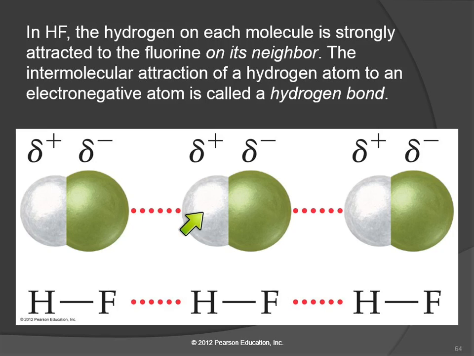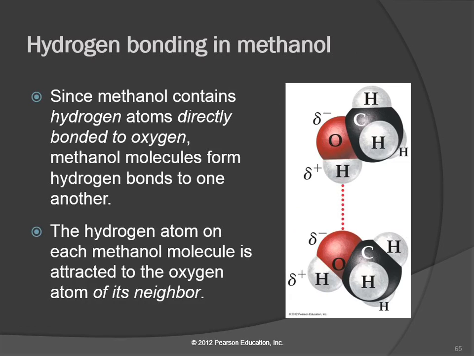It's the same idea as the dipole-dipole forces, it's just extra strong. So polar molecule, E.T. phone home. Here we've got methanol. Methanol has an oxygen-hydrogen bond, and it's a polar molecule, so methanol has hydrogen bonding. The positive end of this one is attracted to the negative end of that one.